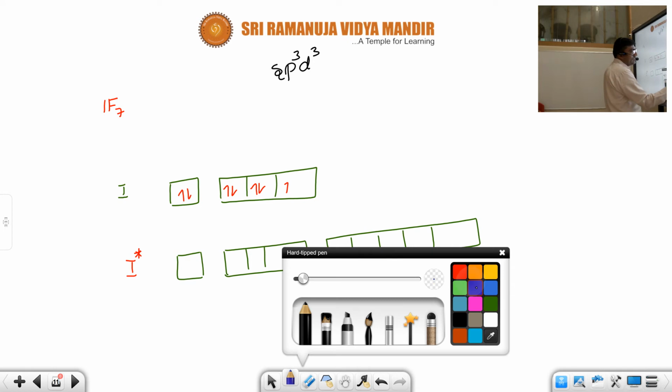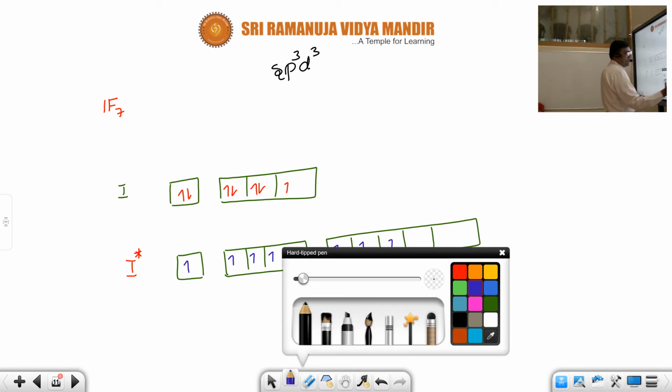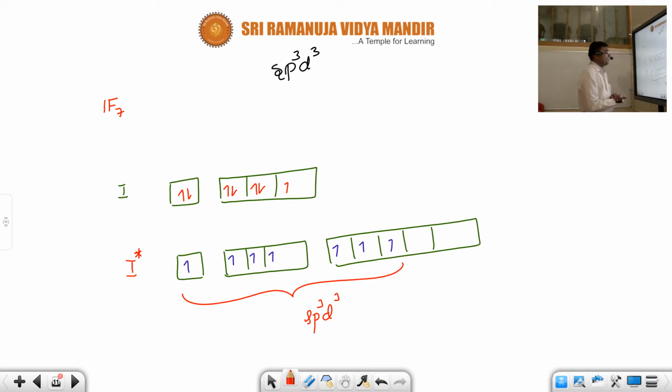Students, have a look here. Now in this case, excite all the electrons. Now you will be getting here the hybridization as sp3d3.